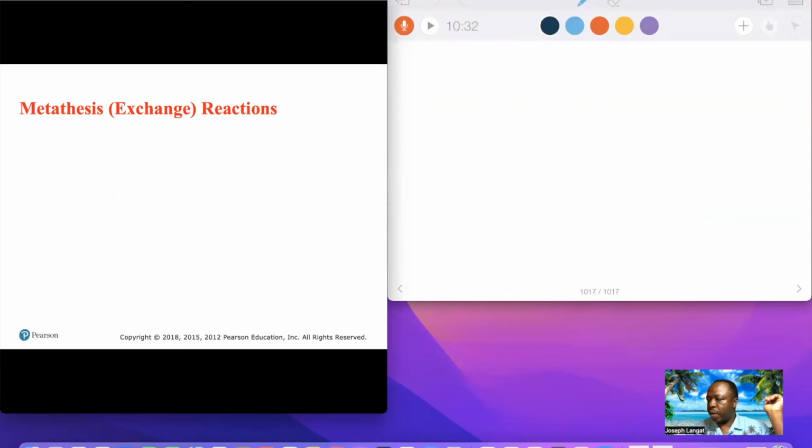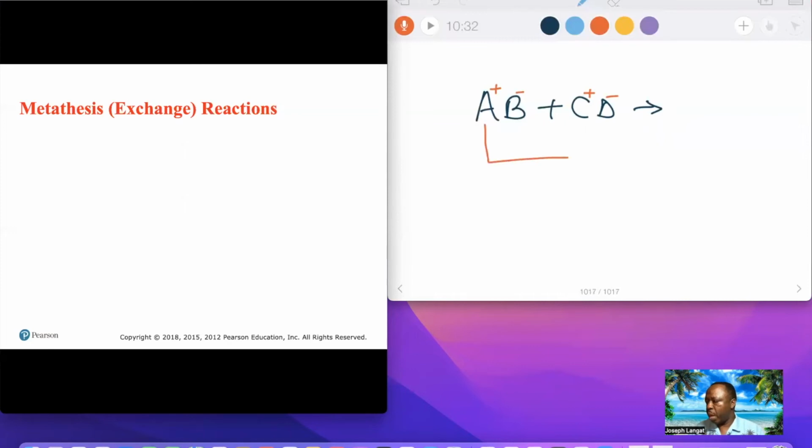A metathesis reaction looks like this. If I have AB plus CD, in a metathesis reaction, this is considered a cation, this is an anion, this is a cation, this is an anion, and it can be a polyatomic ion.